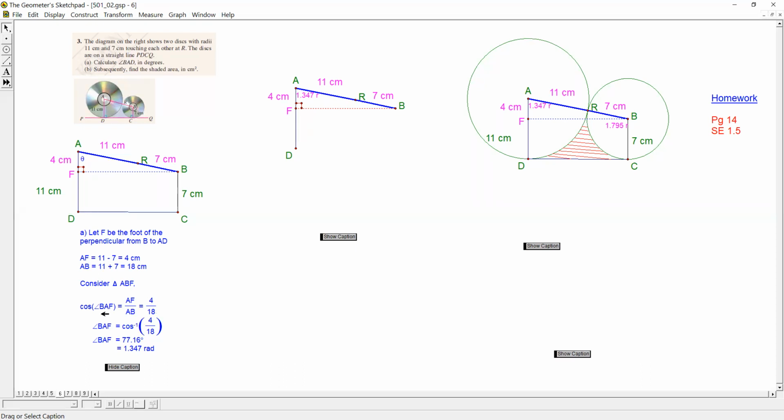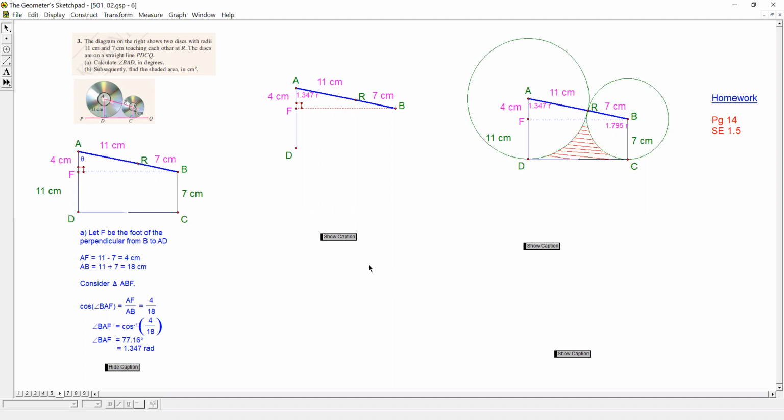Because this is cos, I must find the arc cos. Many students call this shift cos, because the calculator has a shift button. They press shift, then they press cos. But shift is actually the calculator button. The correct way of reading this is arc cos, ARC, the same spelling as arc length.